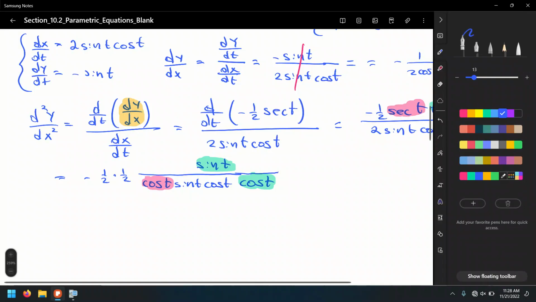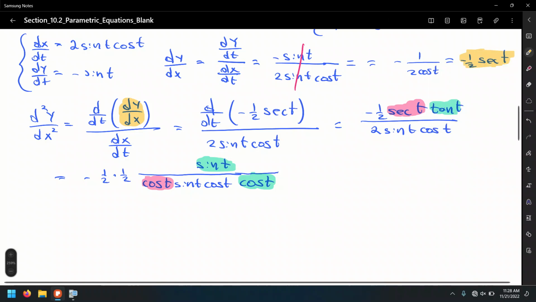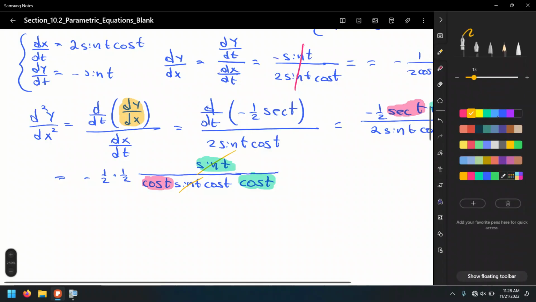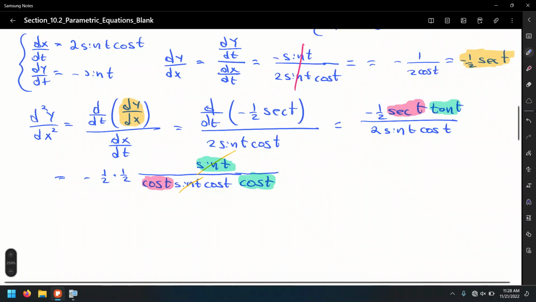Well, we can actually simplify a lot. Sine and sine, we can divide out those two. And that's, number one, negative 1/4. And we're going to be left with the quantity 1 in the numerator, cosine times cosine times cosine.